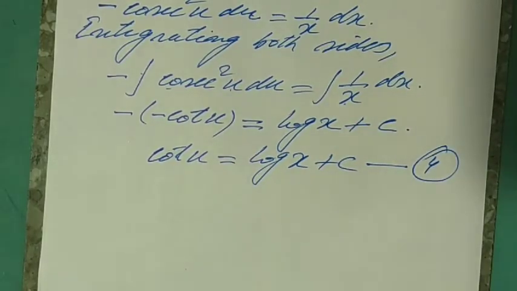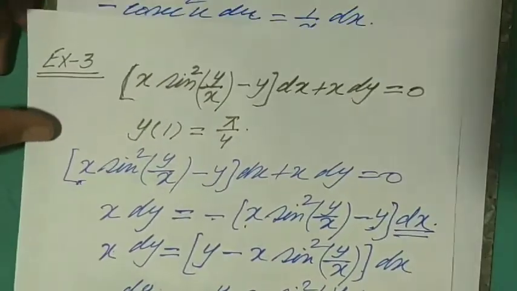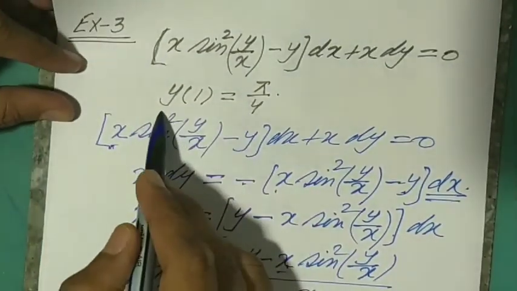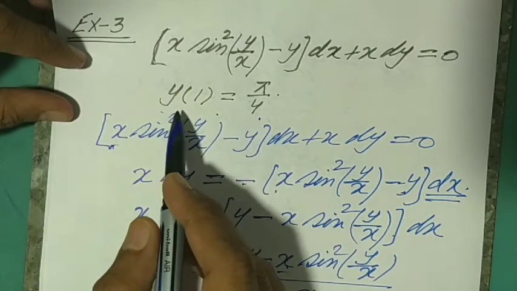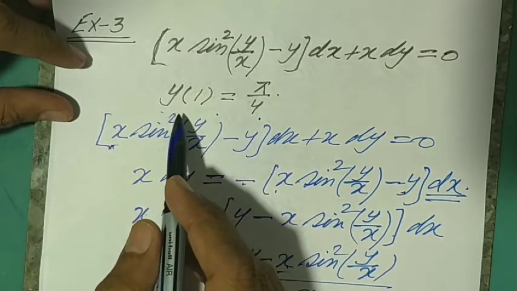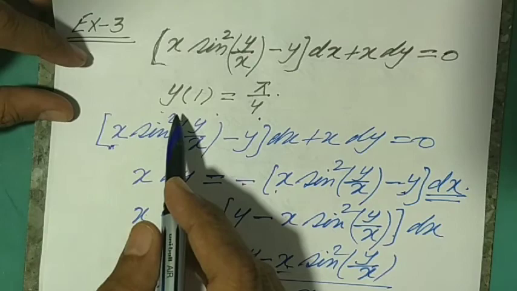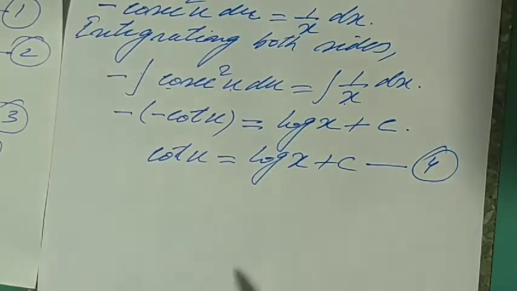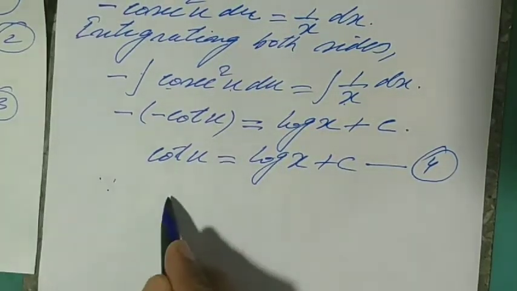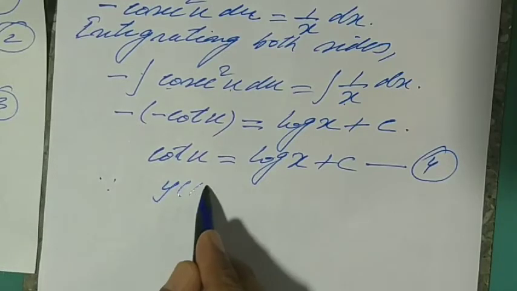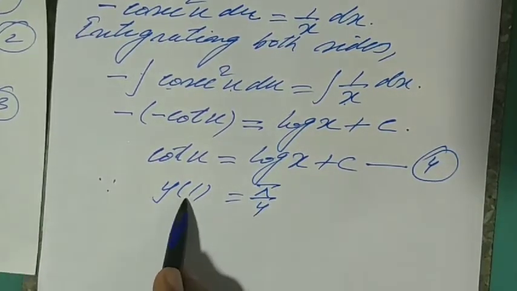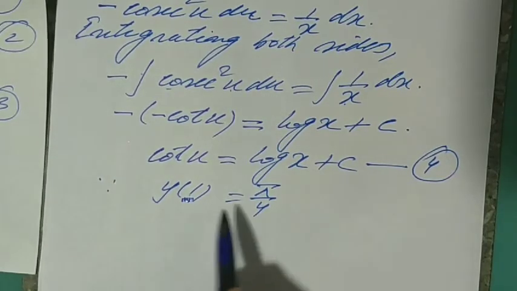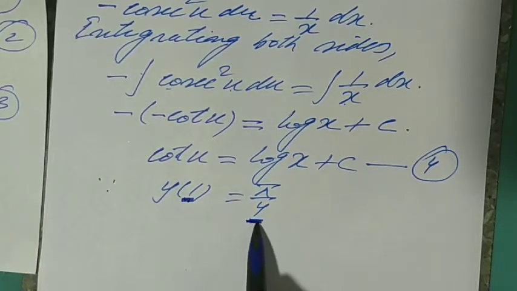Now it is not our final solution, because as we have observed in this example, a boundary value condition is also given. So if a boundary value condition is given, that means we need to find the value of c also. So using the boundary value condition, y(1) is equal to pi by 4. This value indicates the value of x and this value indicates the value of y.